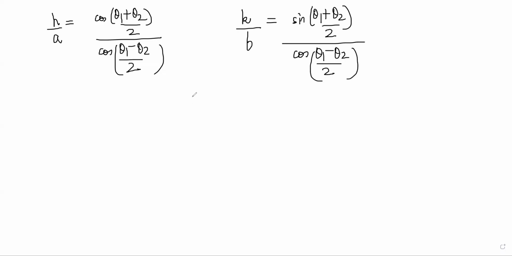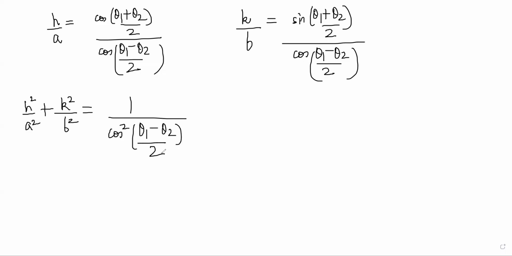Now, we can write h square by a square plus k square by b square as cos square plus sine square by this. So this will be 1 by cos square (theta 1 minus theta 2)/2, right? Okay. Now remember the condition that we had in the problem. We had b times sine theta 1 plus sine theta 2 is equal to lambda, which was a constant.